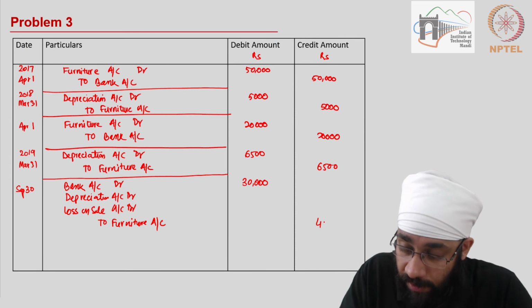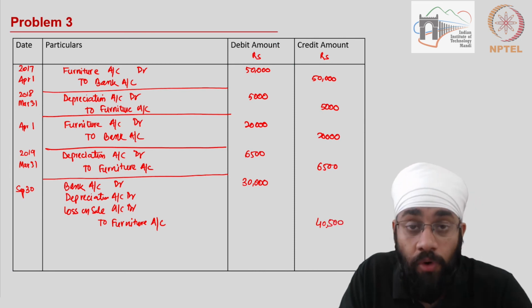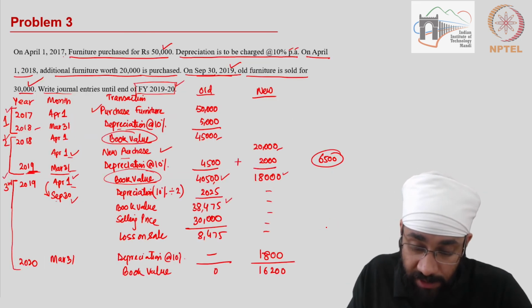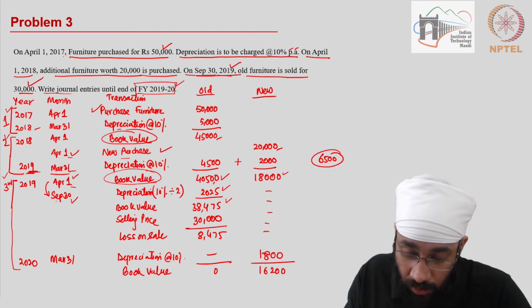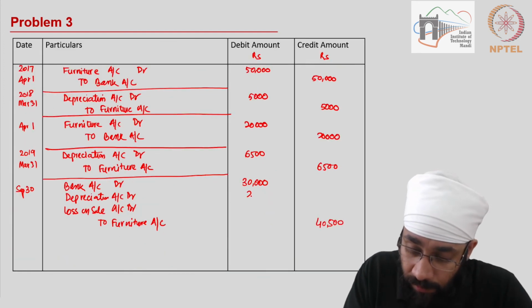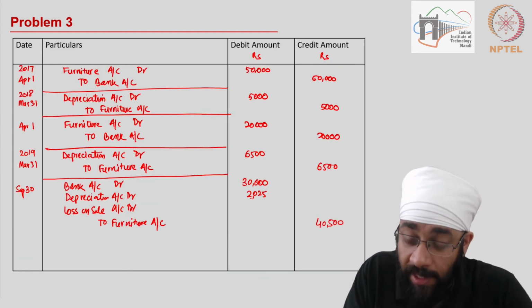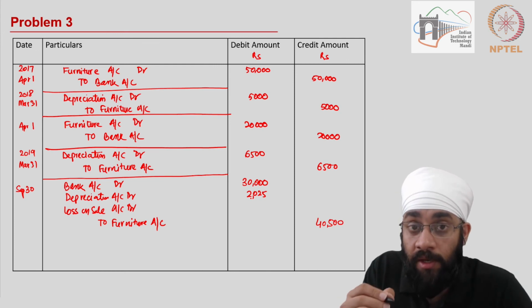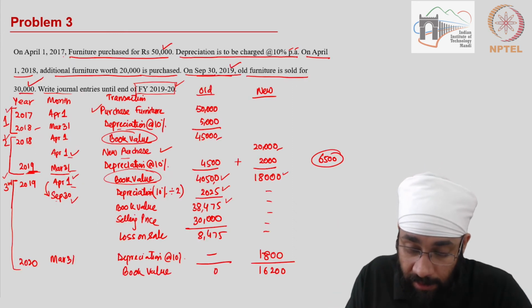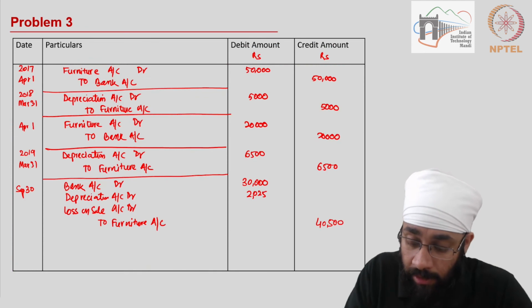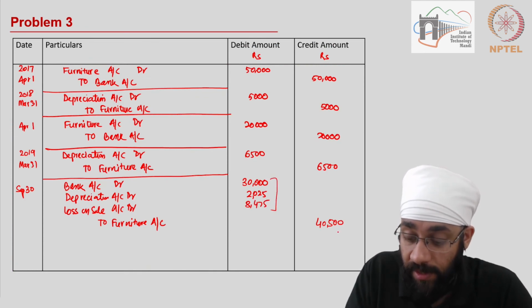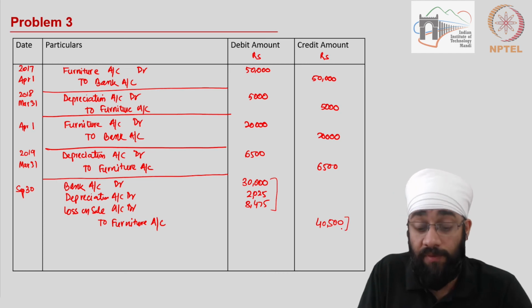So 40,500 is the book value, and then you charge a depreciation which is 2,025. So 2,025 is the depreciation up till 30th September, and the remaining amount is loss of 8,475. So when you sum this up, this should be equal to 40,500.